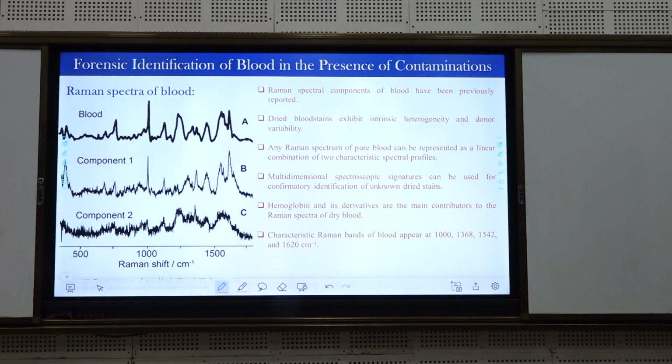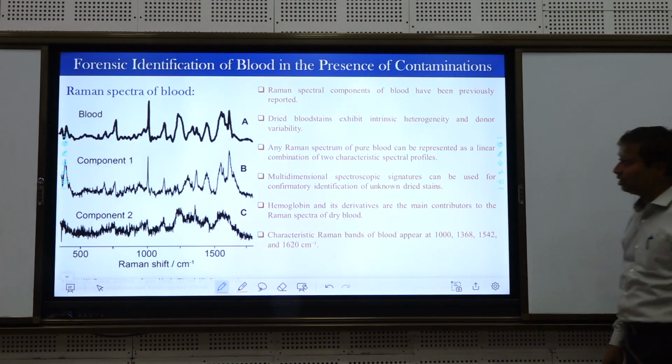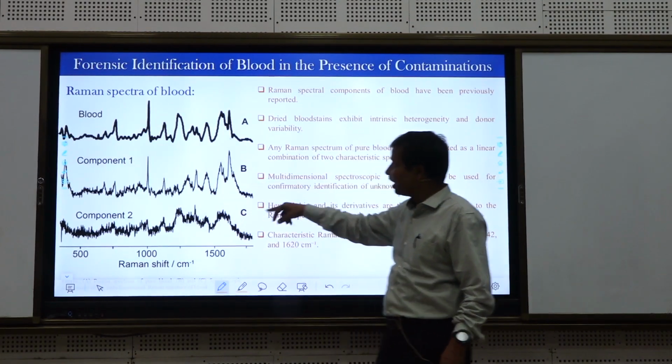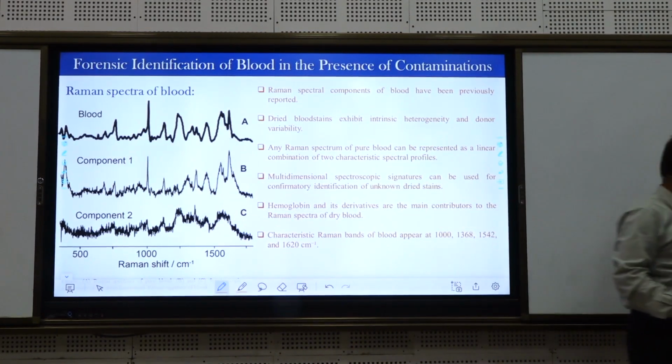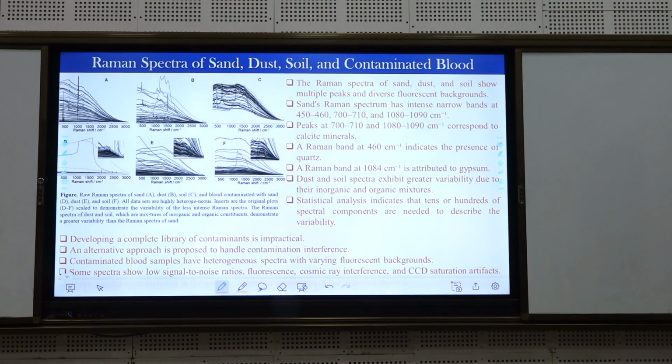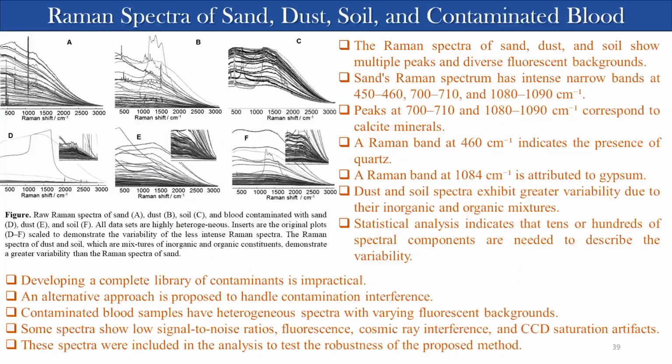Now this one is the blood in presence of contamination. This is a pure blood, this is a contaminated blood, and that also can be identified. Even if the blood is contaminated, it can still be identified. This one is mainly to show you so many recordings.